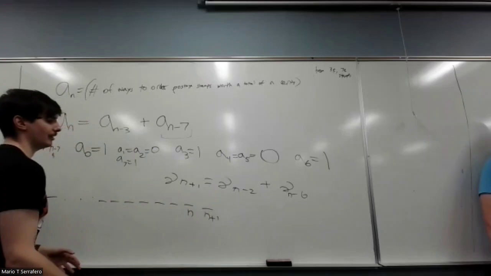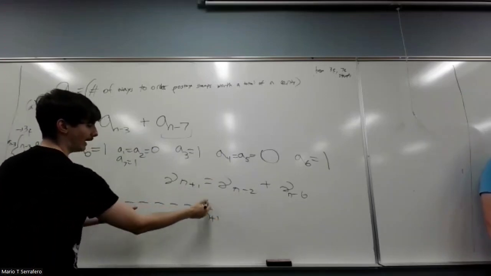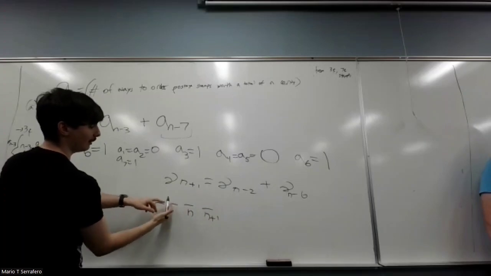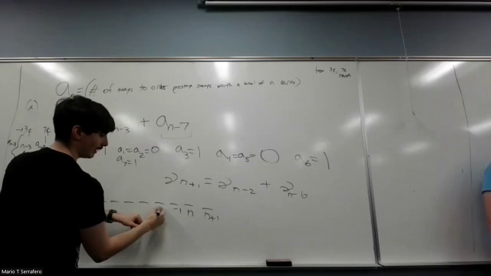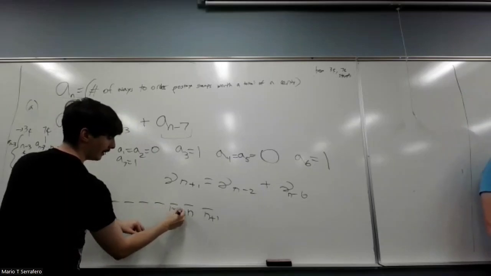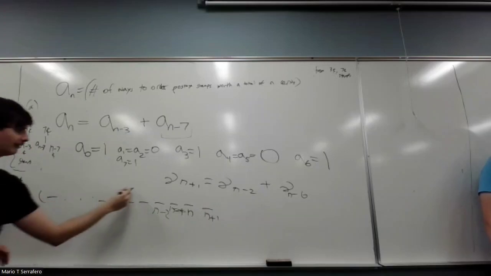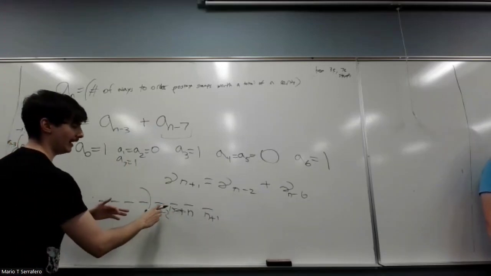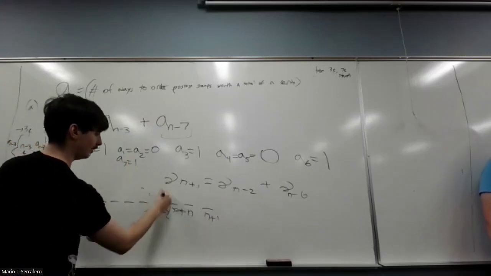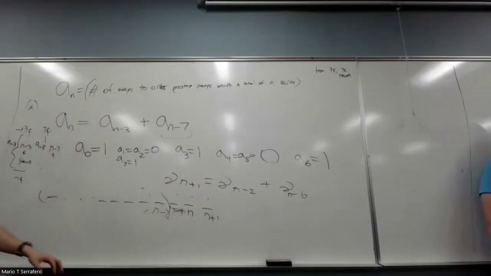Let me look at n plus 1. If I'm adding something here, I'm adding 3 of them. So I look at the number of ways in which I can do n minus 2. So n minus 1, n minus 1, n minus 2. If this is a valid postage here, and this counts the number of ways, if I add 3, then 1, 2, 3, and I get to n plus 1.